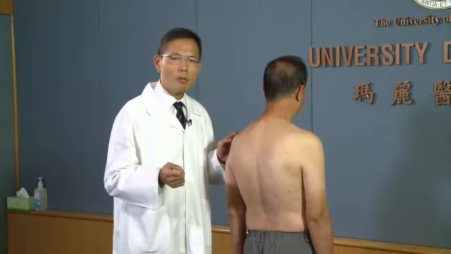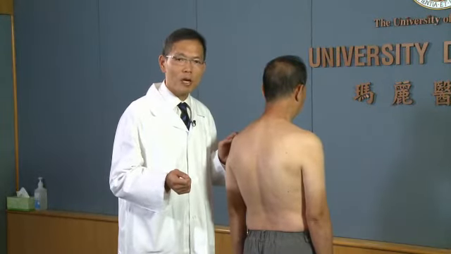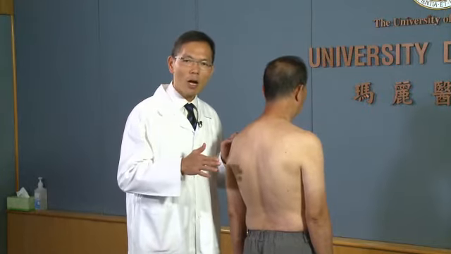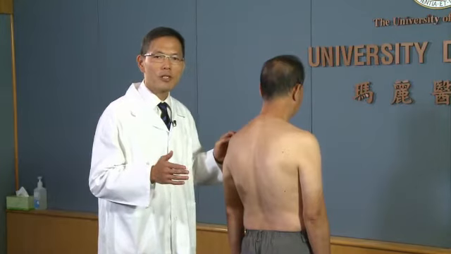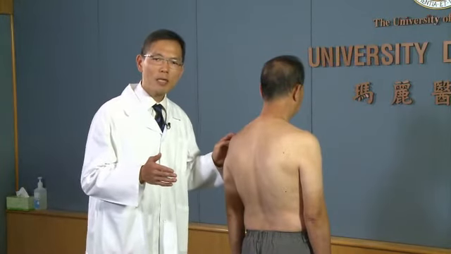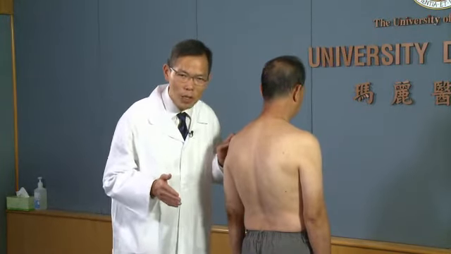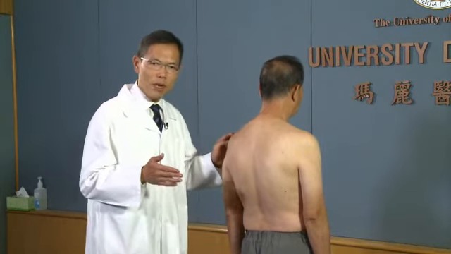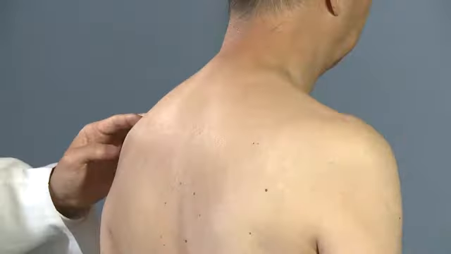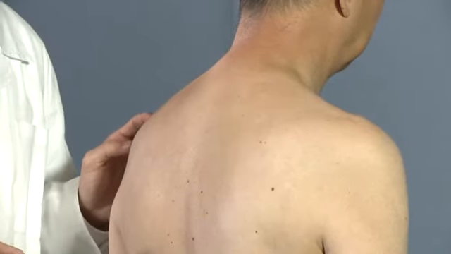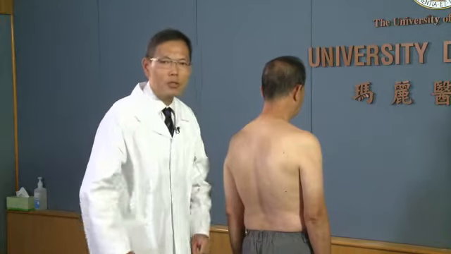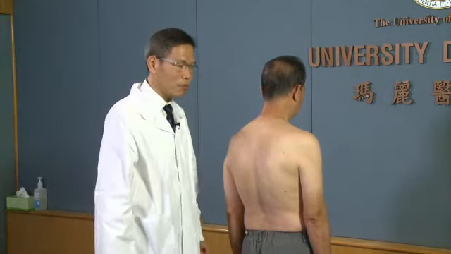Next, we would like to test the range of movement of the spine. There are different movements at different parts of the spine. For example, the lumbar spine will allow flexion and extension movement. To test the patient's flexion movement, we would like to ask the patient to bend down and try to use her hands to touch the floor.